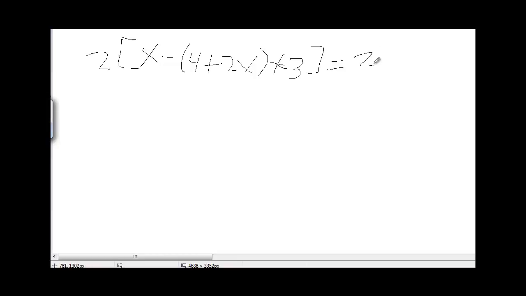So we've got 2 times the bracket, x minus, and then another parenthesis, 4 plus 2x, end of the second parenthesis, plus 3, end bracket, is equal to 2x plus 2.